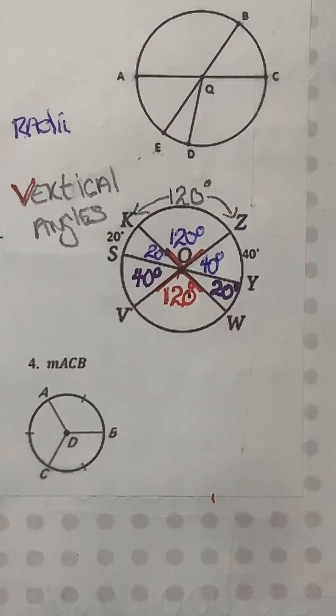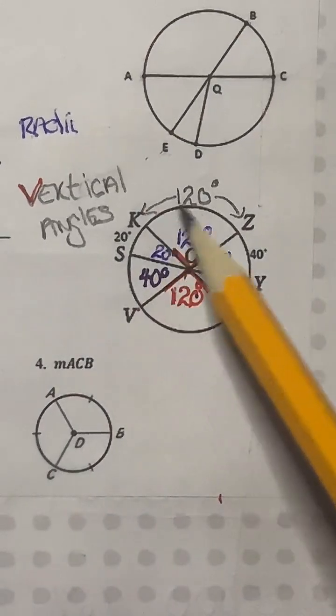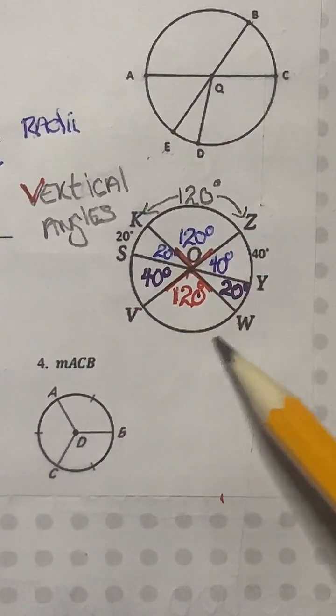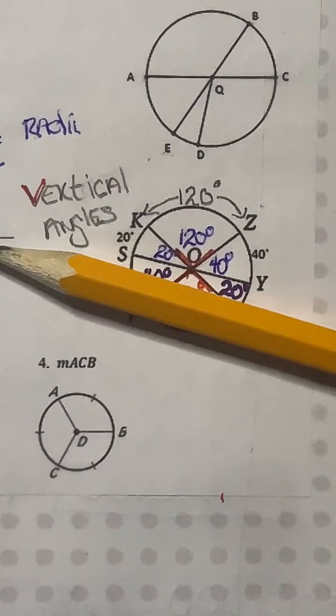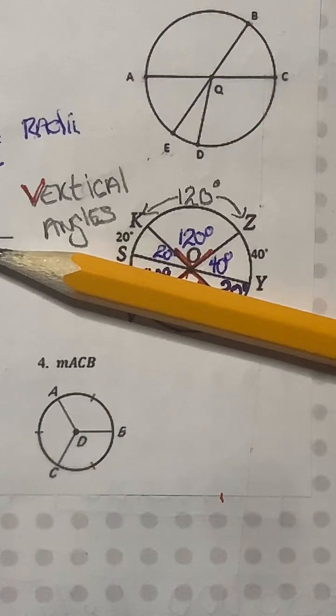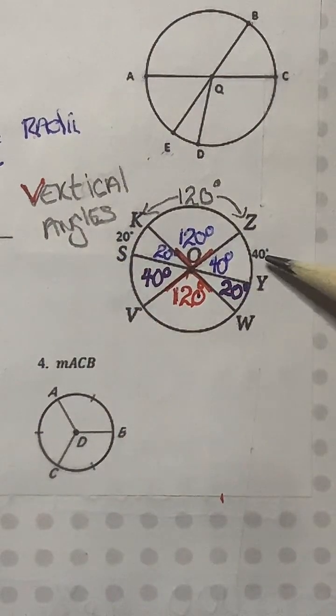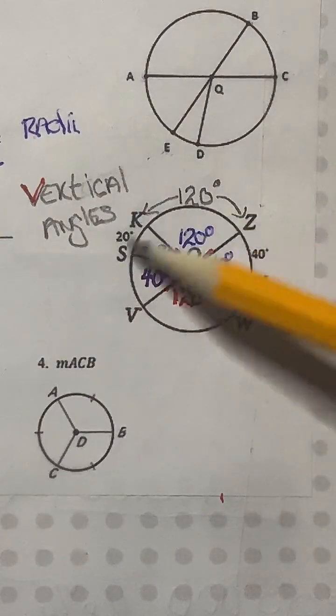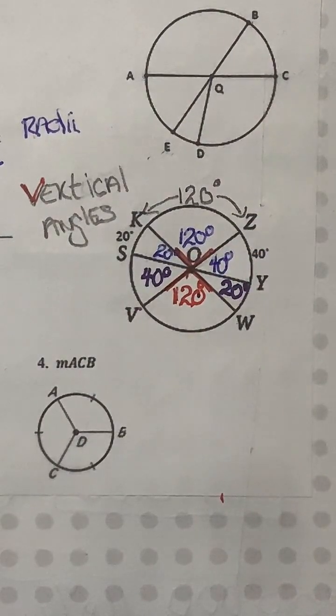All right. So when it comes to a circle, the entire degrees of a circle is 360. If you divide 360 by 2, it will give you 180. So if this side is going to equal 180, that means this side has to equal 180 so we can get our full 360.